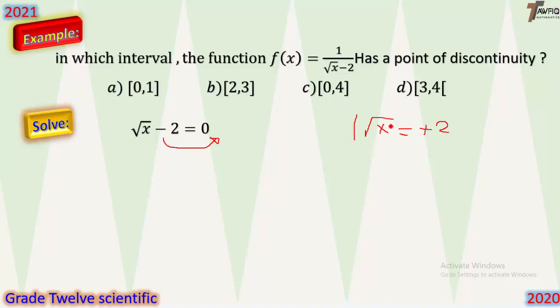Now squaring both sides, then x is equal to 4. That means the domain of this function is all real numbers bigger than or equal to 0 except 4.